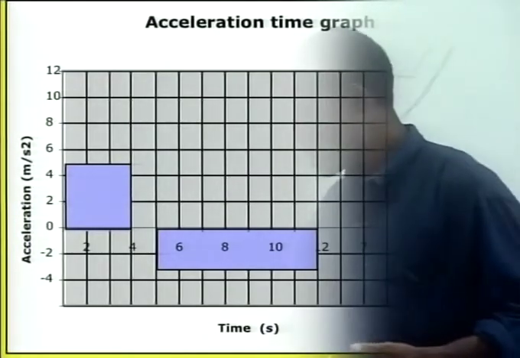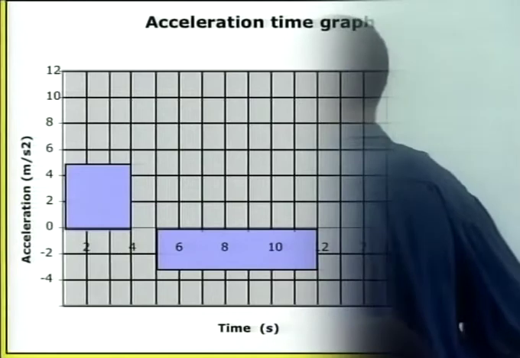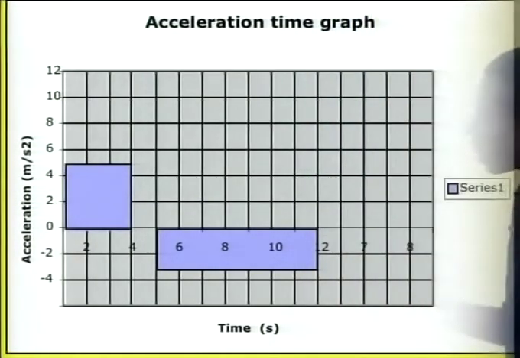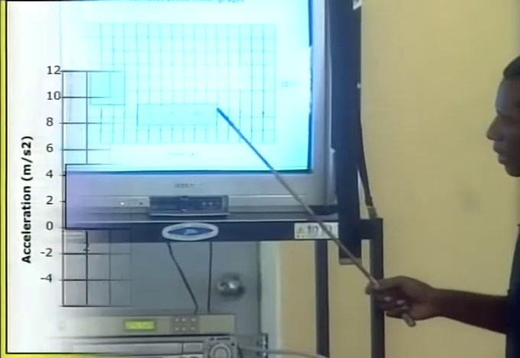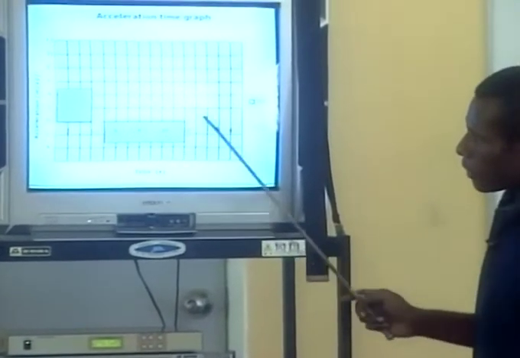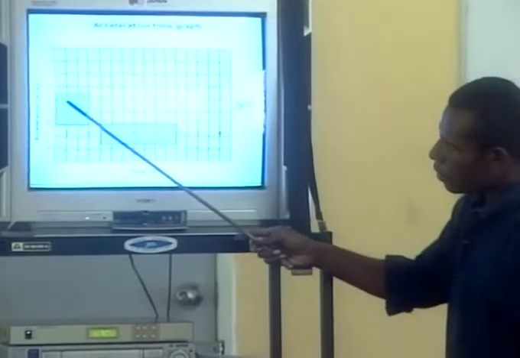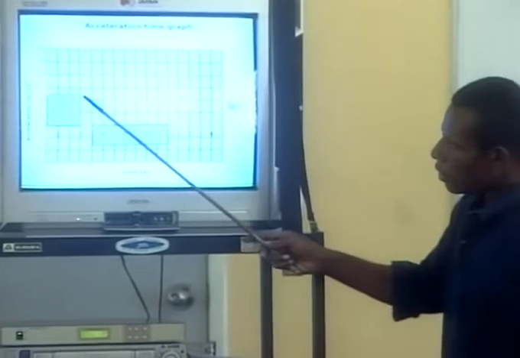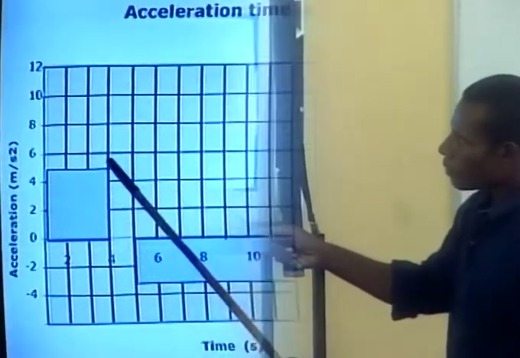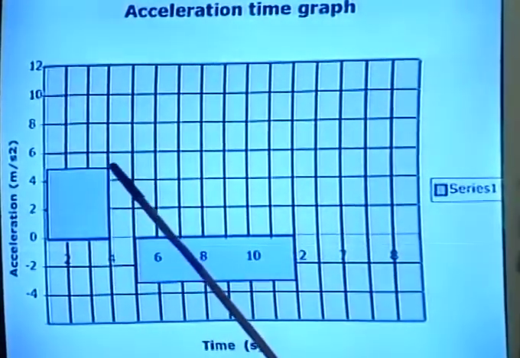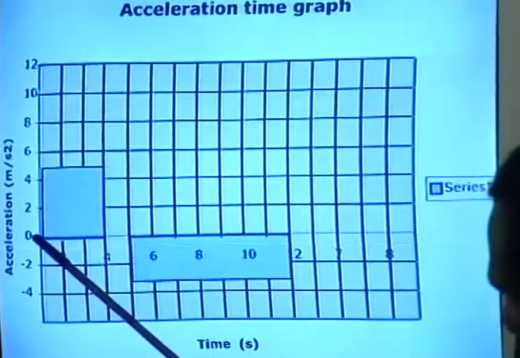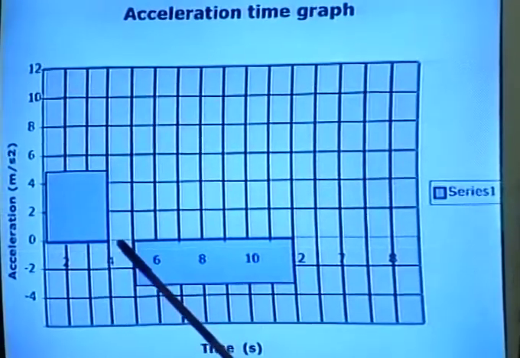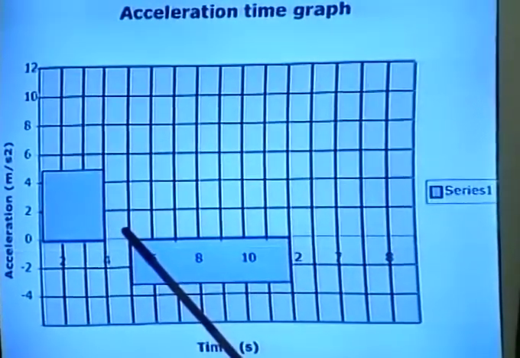So for that you can see that the object was at rest. The total time for the travel was about 12 seconds, and within that 12 seconds, you find that the acceleration was greater at time equals 4 seconds, because it is about 5 meters per second squared. If you look at the acceleration between 4 and 5 seconds, there is no acceleration.